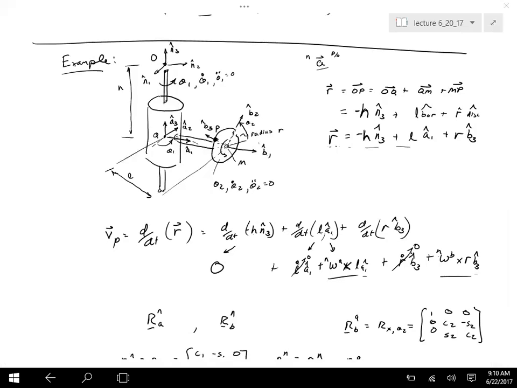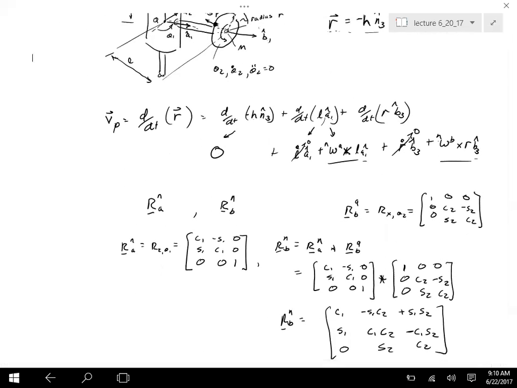I just chose A. Then off the side of the cylinder, there's this little bar, and there's a disc spinning. That disc is another body, right? The kinematic pair is this revolute joint, and so I've attached a B frame to that body. So that's conceptually what I'm going to do. I could just keep adding bodies, and I'll keep adding frames.